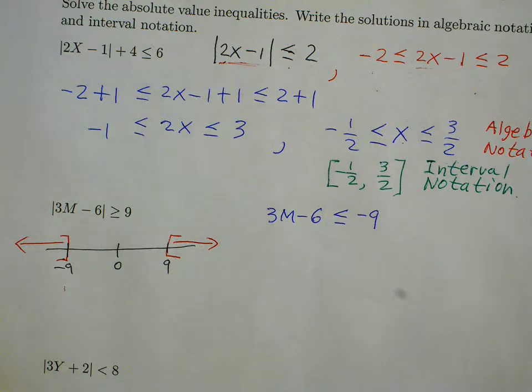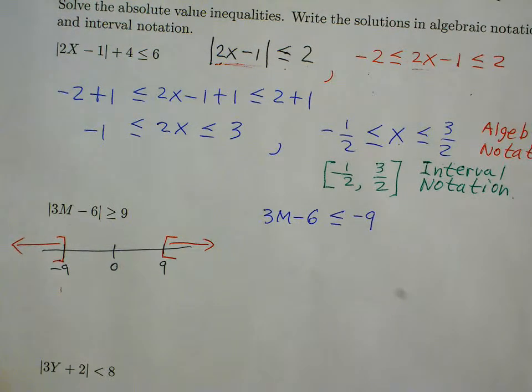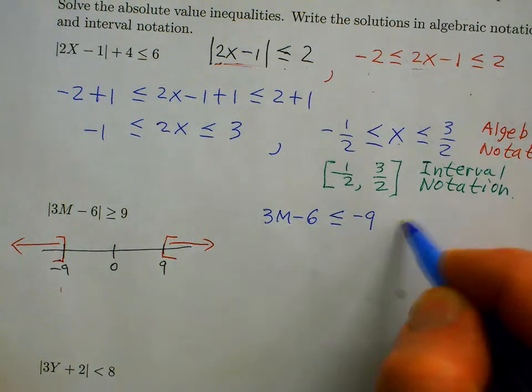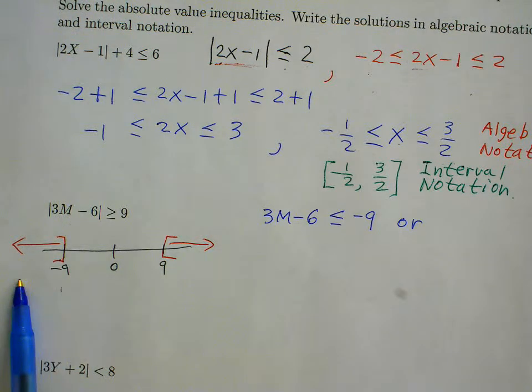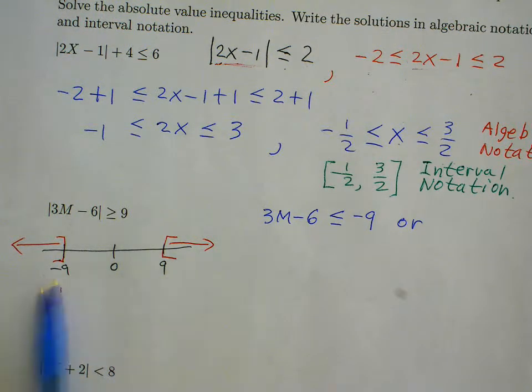Then what should I write? The word or. See, there are two different parts of the number line where the distances are greater than or equal to 9.